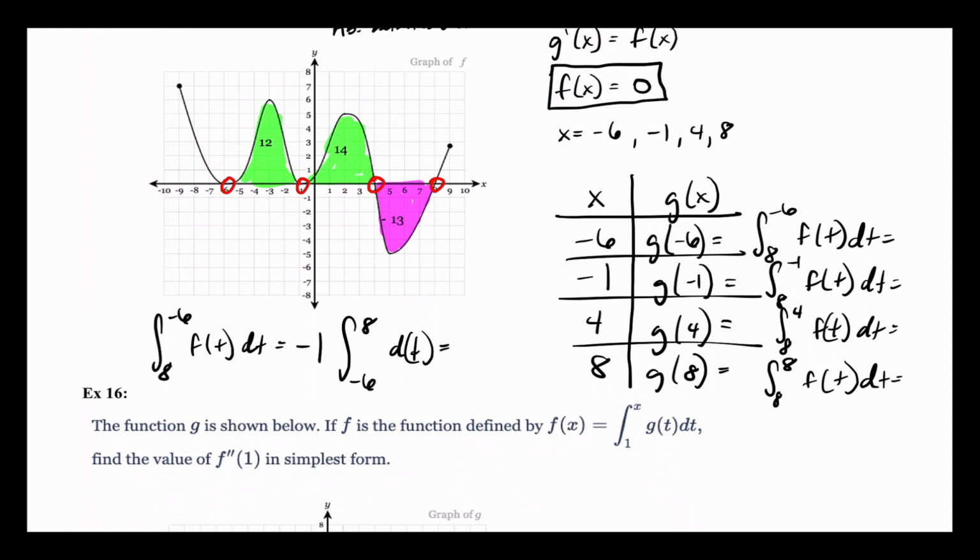From -6 to 8, it's 12 plus 20 plus 14 plus -13. From -6 to 8, 12 plus 14 is 26, plus negative 13 is 13. But it has a negative 1 in front. So my answer is actually going to be negative 13.